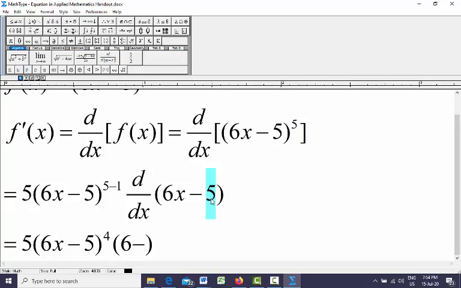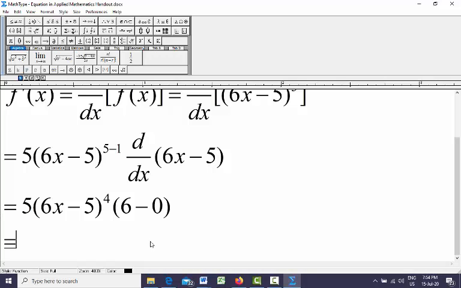So 6 minus 0, you can write as only 6. For this 6 multiplied by this 5, we have 30. And then (6x minus 5) power 4. That's the answer.